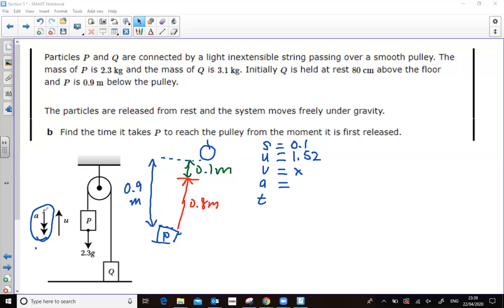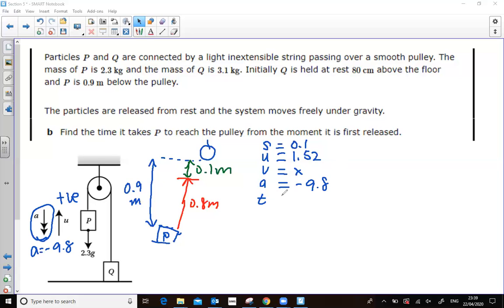So a will be 9.8 and it's going downwards. I have already assumed that up is the positive direction, so that means our acceleration, which is due to gravity, equals negative 9.8. Be very careful here with your acceleration, because this could be a common mistake in exams.